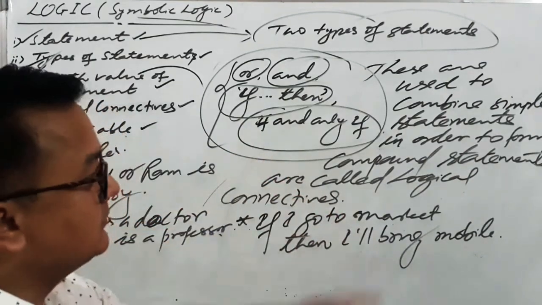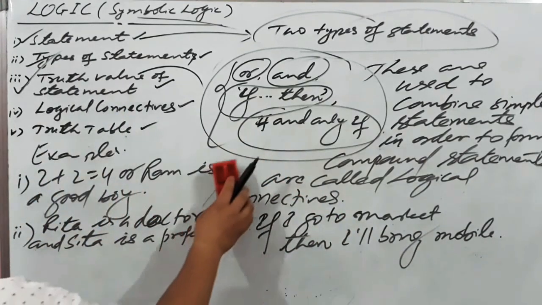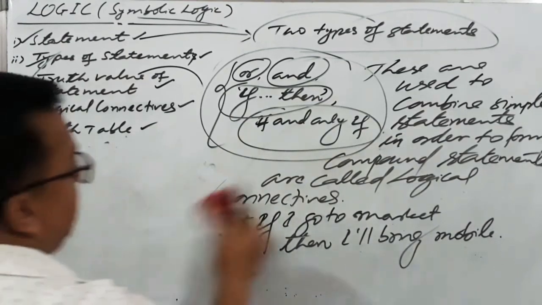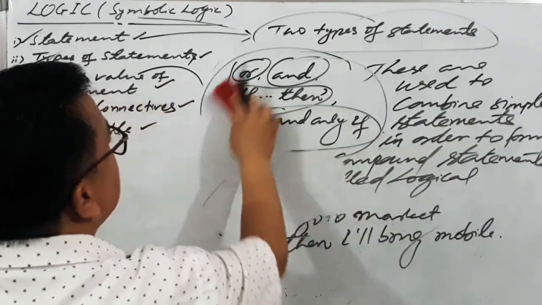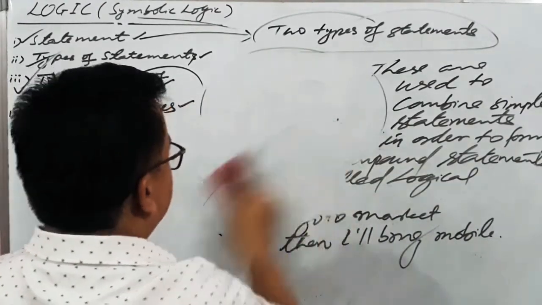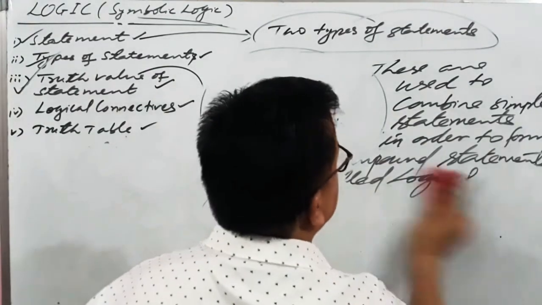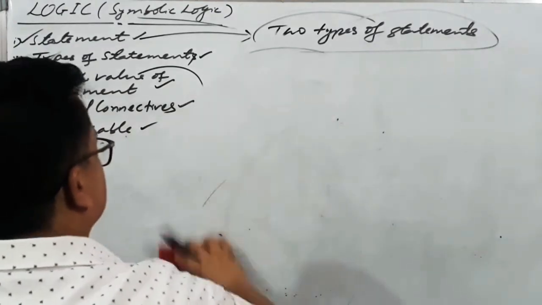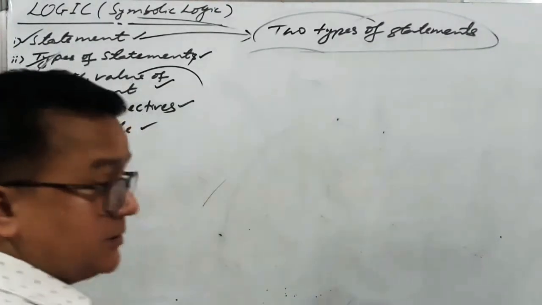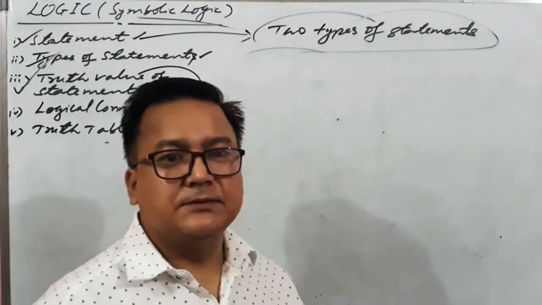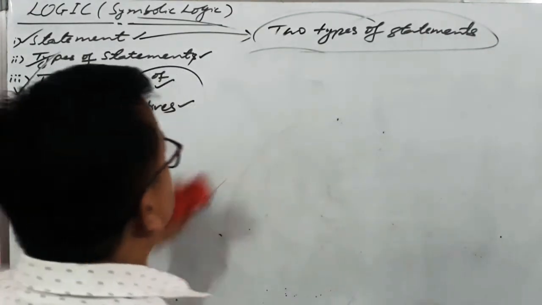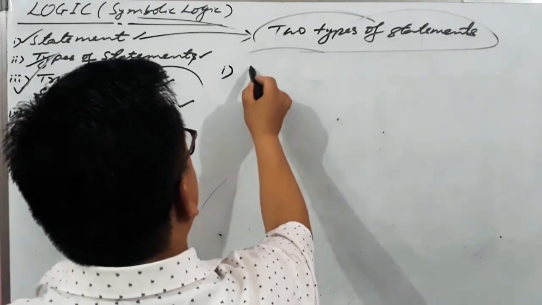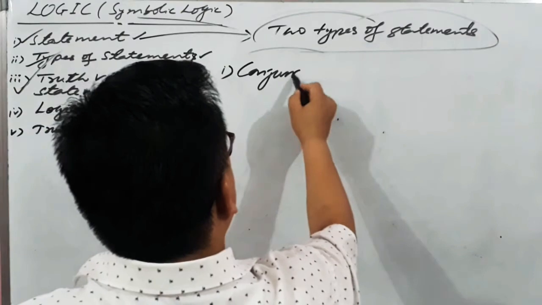So already we have discussed logical connectives. Now, what is the name of the compound statement when we use particular logical connectives? After joining on the basis of logical connectives, we have different names for the compound statement. Number one, conjunction.